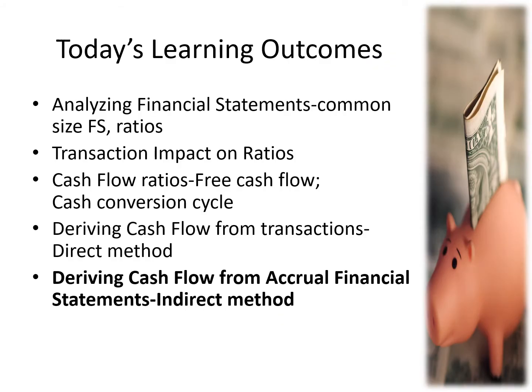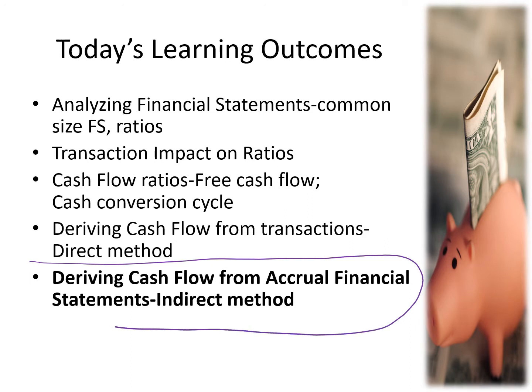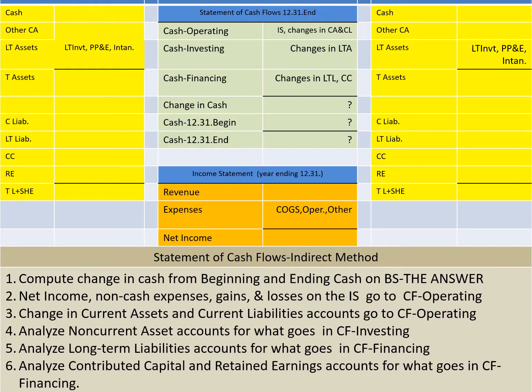So what are we doing today? We're going to look at a few more examples of how to do a cash flow statement, the indirect method or the indirect approach. You remember that the steps are, number one, find the answer, which is the change in cash between the beginning and ending cash.